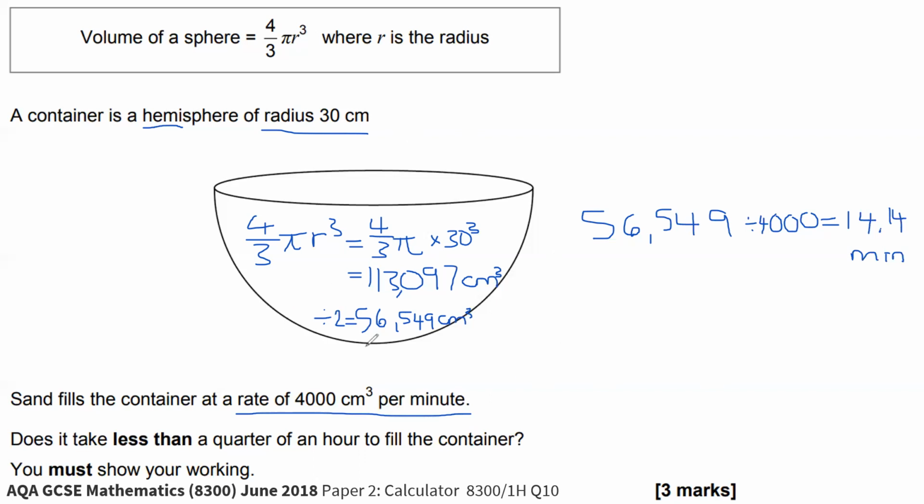I think the hardest step actually is remembering that you need to divide it by 2 to work out the hemisphere as opposed to a full sphere. And then lastly, you're just dividing it by the rate. So in actual fact, I think this question is slightly more simple than it looks at first glance. So hopefully you were able to follow that all the way through, and it helped you to understand how to work out this question.